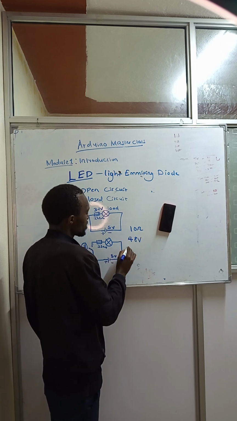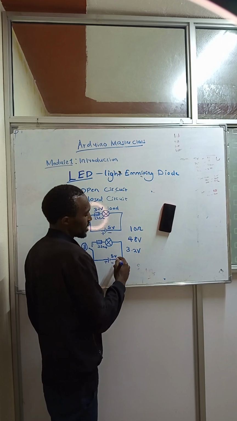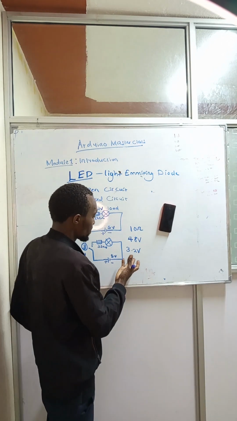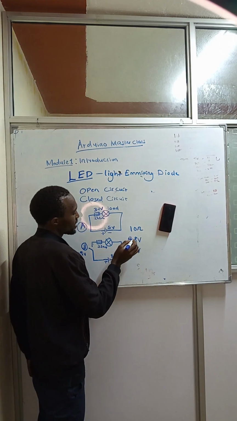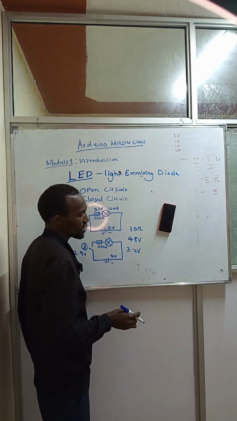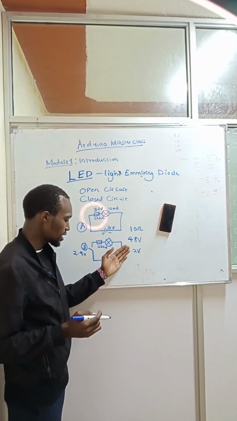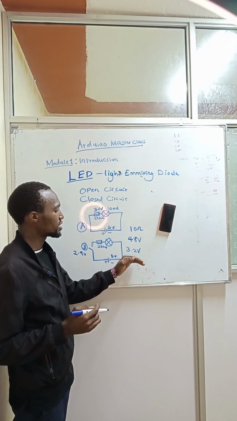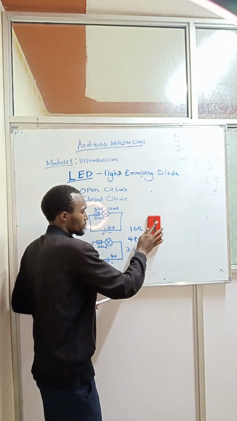Still, this has exceeded the 3.2 volts current limiting specification of that LED. So our LED will blow out because we have exceeded the value which is rated by the manufacturer. Are we together?